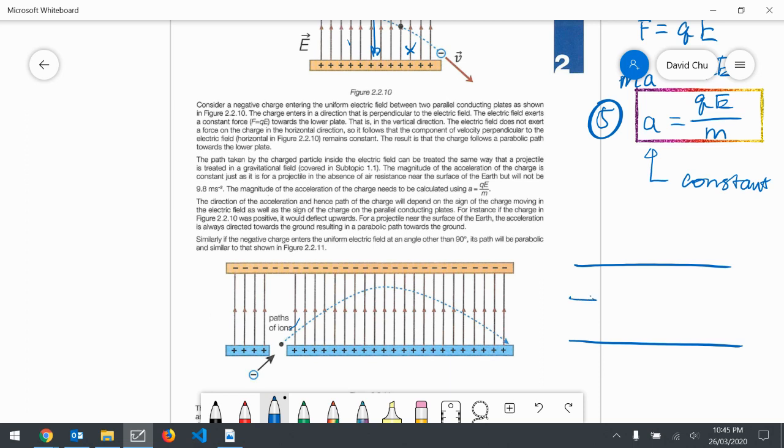If you start from the middle, you're going to gradually go to one side, and that motion is a projectile motion.